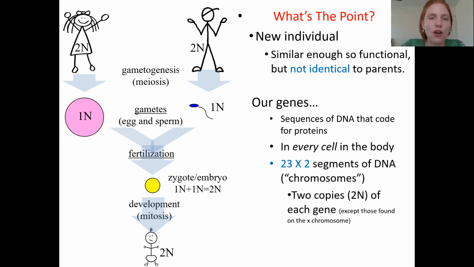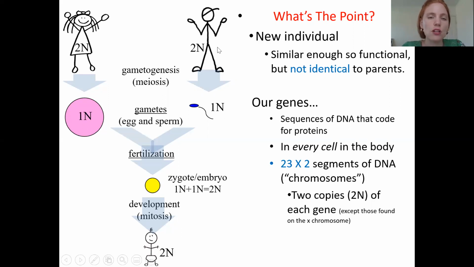But other than that, we all have two sets of each chromosome. So when you see this notation right here, 2N, N is referring to the number of chromosomes, and 2 refers to twice as many. So we have twice as many chromosomes, 23 chromosomes times 2. So we are diploid.